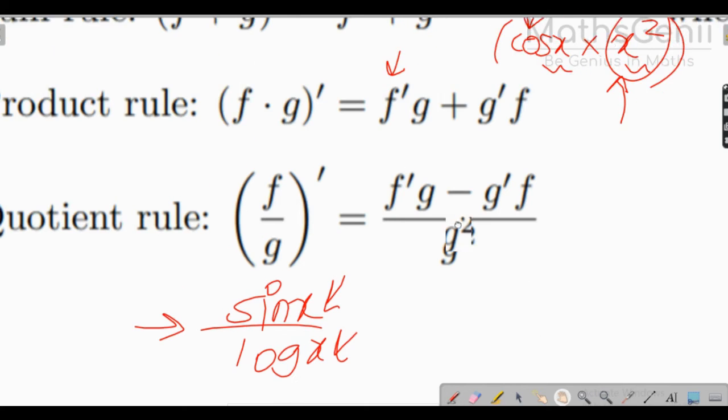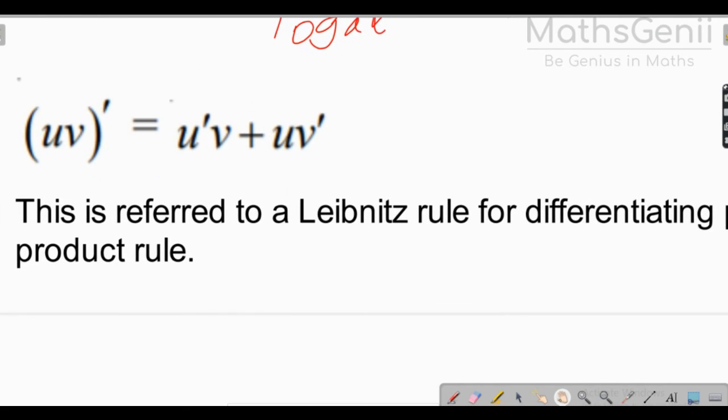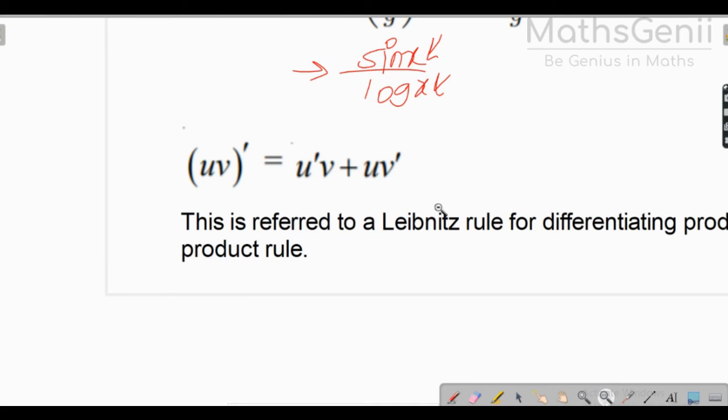Okay. Now you have something called the product rule, which is the same. Instead of f you have u and instead of g you have v. So we are going to use this formula extensively. And we are going to solve 2-3 questions on this, so that this is going to be super simple. So I'm not wasting my time making you understand how the formula came, because we are going to solve it very soon.